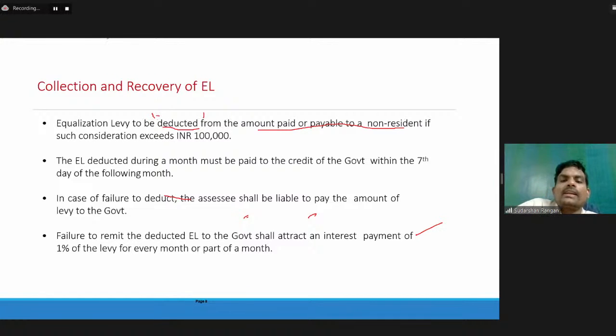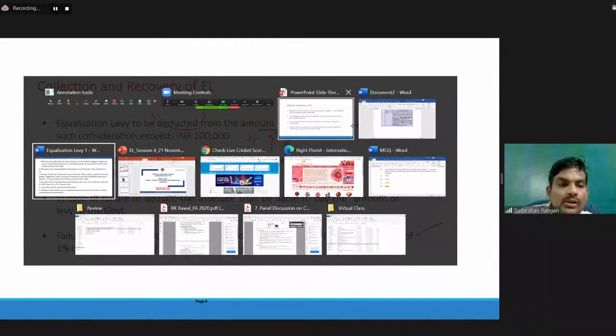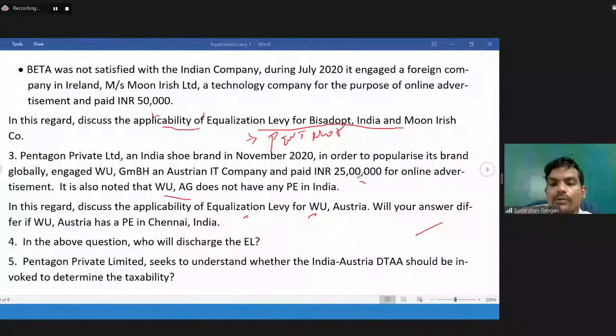So in our case, Pentagon India, while making the payment of 25 lakhs, will have to withhold. It will have to deduct 1.5 lakhs and pay the balance 23.5 lakhs to the Austrian company. 1.5 lakhs will go to the Indian government as equalization levy.